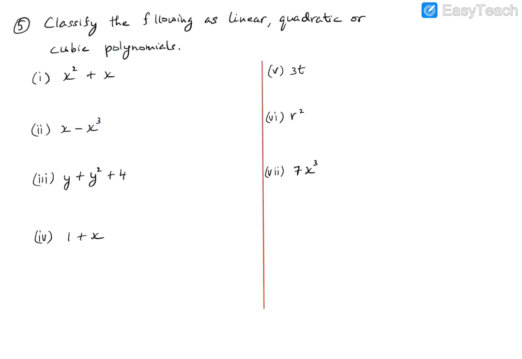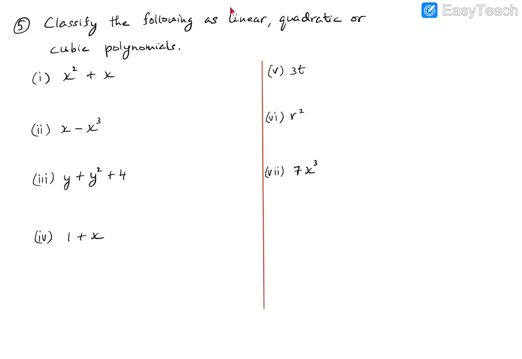Okay, let's move on to the next question, where we have to classify each of the following expressions as either linear, quadratic, or cubic polynomials. So we have to recall what is a linear polynomial, what is a quadratic polynomial, and what is a cubic polynomial.